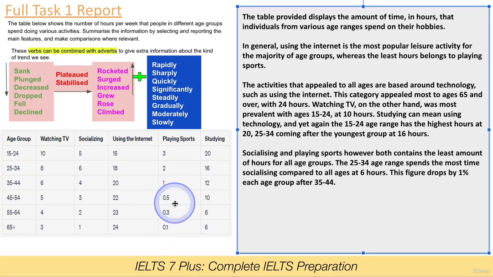Okay, let's talk about sports taking a real turn after 44, which goes into the decimal units here.